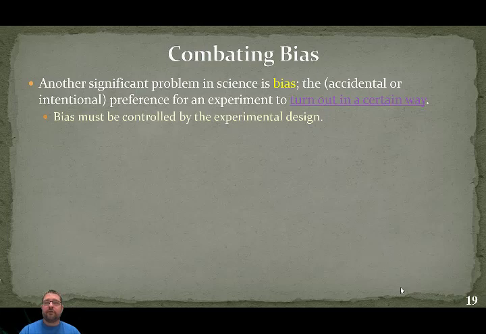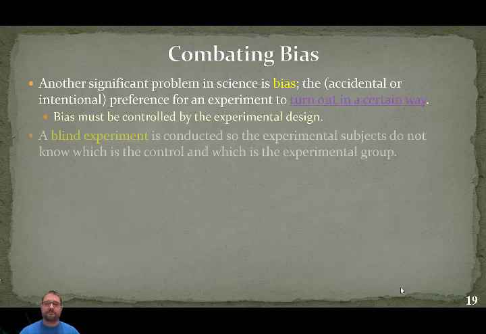So the best way to deal with that is to increase your sample size and try to eliminate biases from the experiment by having a good experimental design. One of the ways that you can do this is blind experiments.